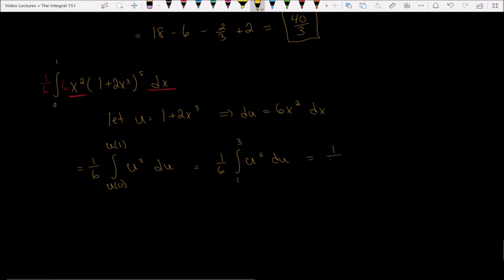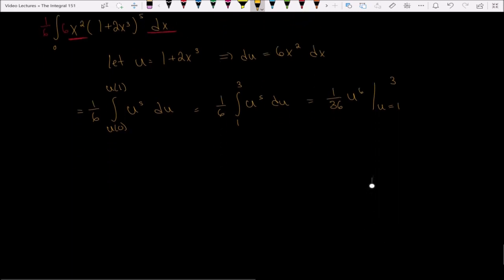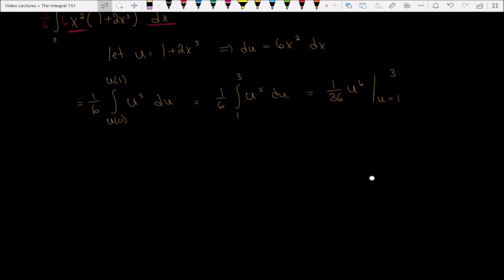This is 1 over 36 u to the 6th. That will now be evaluated from u equals 1 to 3. Right? We get 1 over 36 times 3 to the 6th power minus 1 to the 6th power, which is 1 over 36 times 729 minus 1.